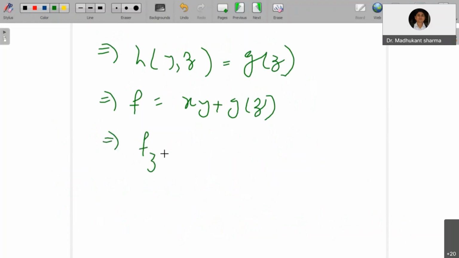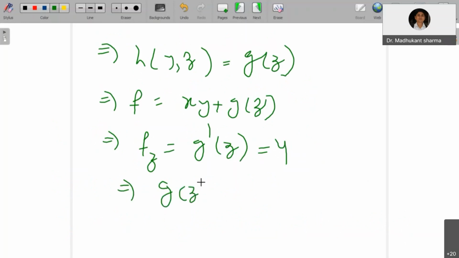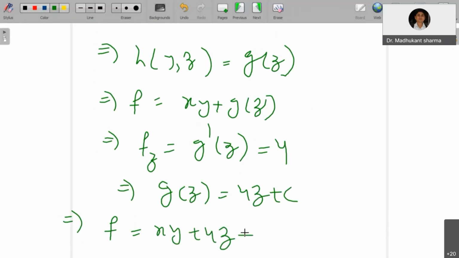Now this implies fz is equal to the derivative of x into y, which is 0, plus g dash of z, but that must be equal to 4. So this implies g of z is equal to 4 times z plus c. So therefore, finally f is equal to x into y plus 4 times z plus c.